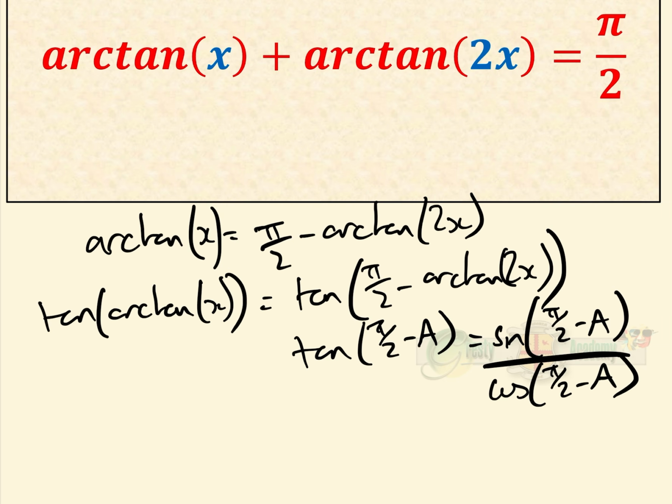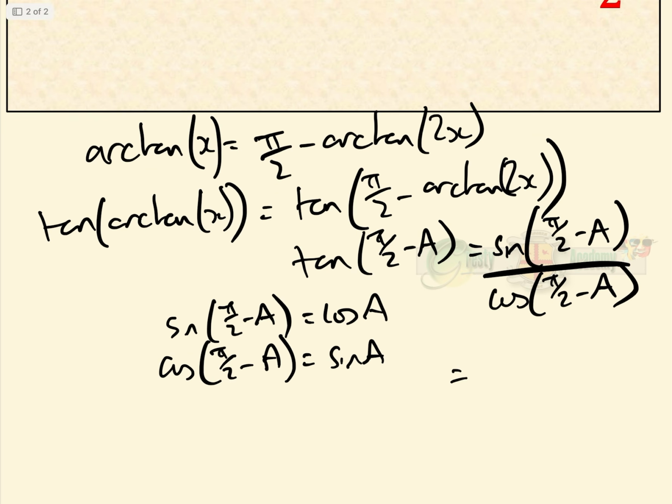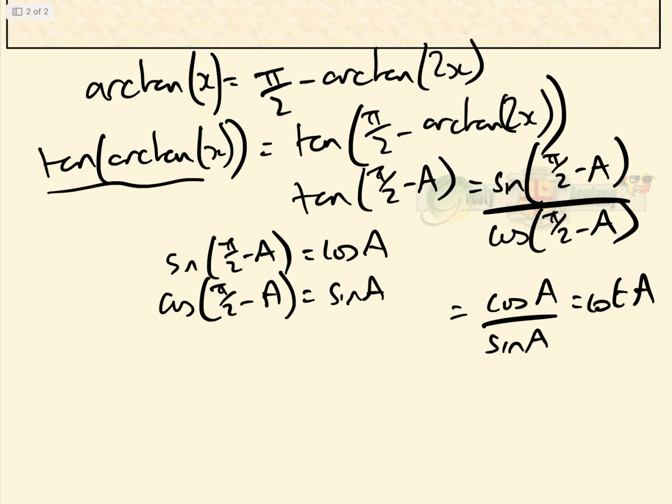And for acute a, sine of pi over 2 minus a is equal to cos of a, and cos of pi over 2 minus a is equal to sine a. So therefore tan of pi over 2 minus a is equal to cos a over sine a, which is cot a. And so now we can simplify our question. Well, tan of arctan of x, as long as x is in our range, is equal to x.